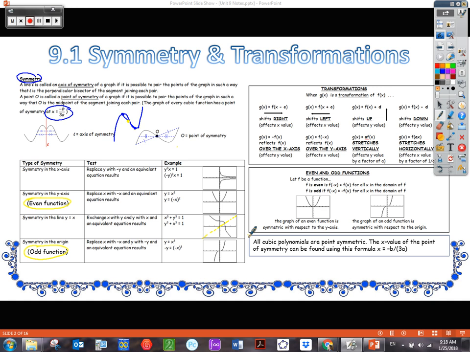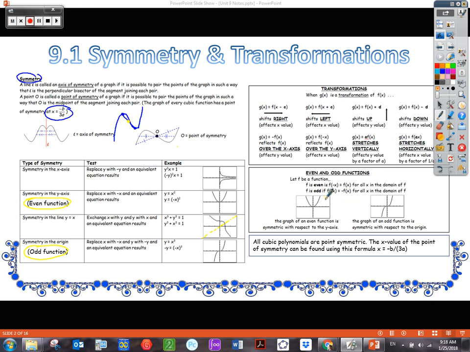Then for an odd function, that's symmetry at the origin, and there are 2 tests for odd functions. I'm going to be straightforward with it. This test really pretty much works with everything, although I think it's a little confusing. This test over here, we typically use for polynomials and different kinds of things like that, or rationals or radicals.